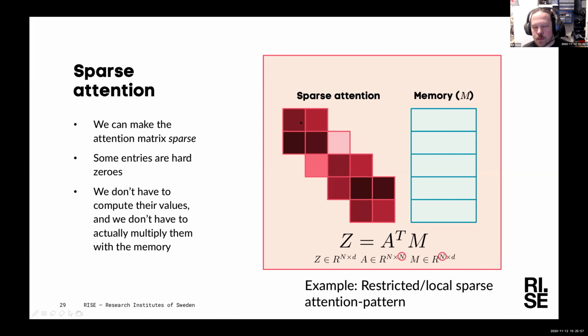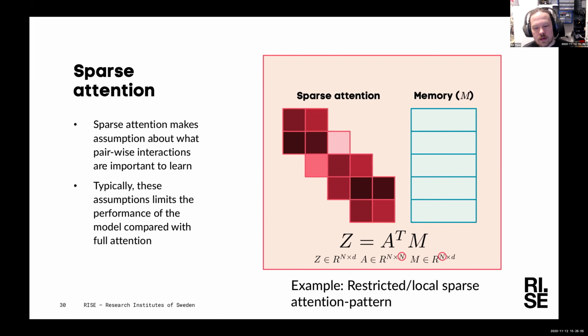So different ways of trying to make this attention matrix sparse is a very common thread. But then again, most of those methods make assumptions on the dependencies between inputs. You assume that most of the information is local, or in this case, that it has to be very local.